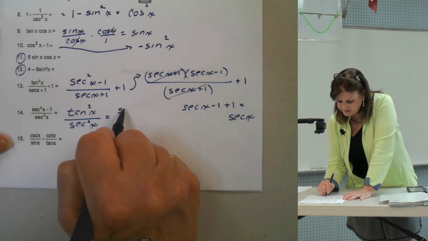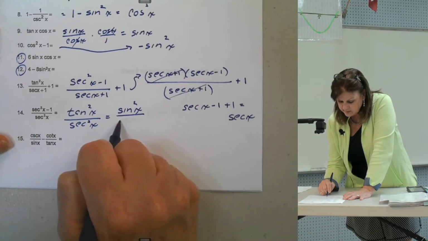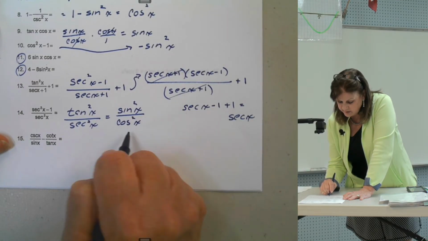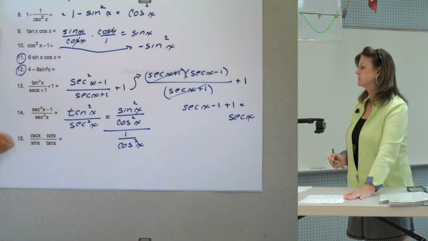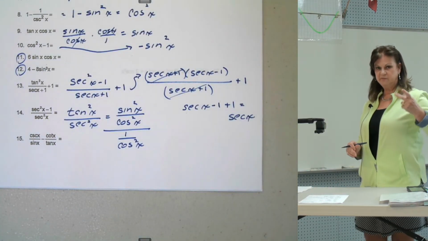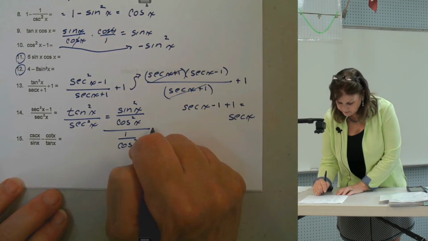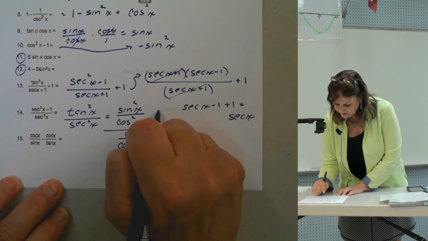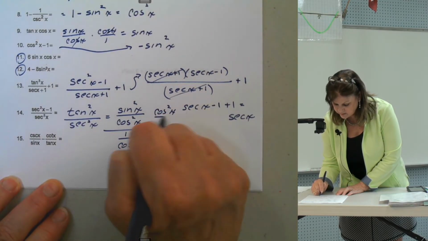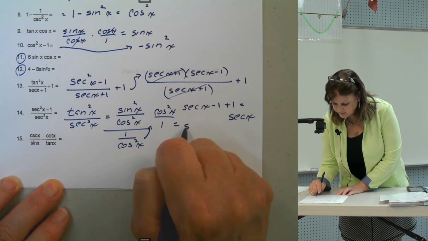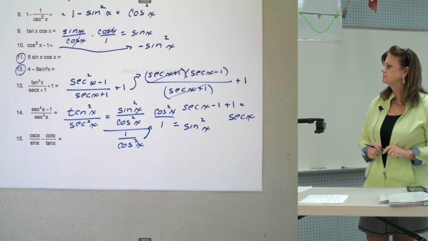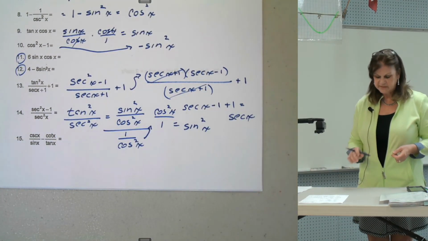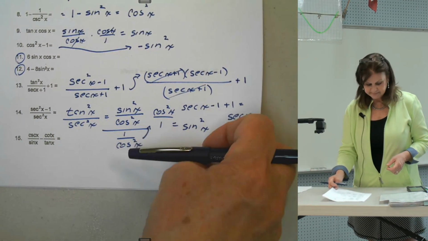So I have sine squared over cosine squared divided by 1 over cosine squared. That's secant, isn't it? When you flip it to multiply, you're going to have sine squared x. All right, try 15. I'll put the answer up for you in just a second.